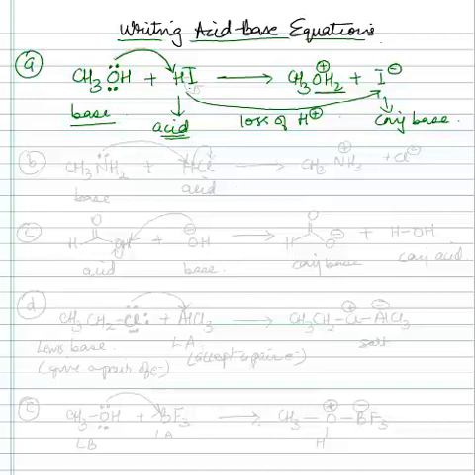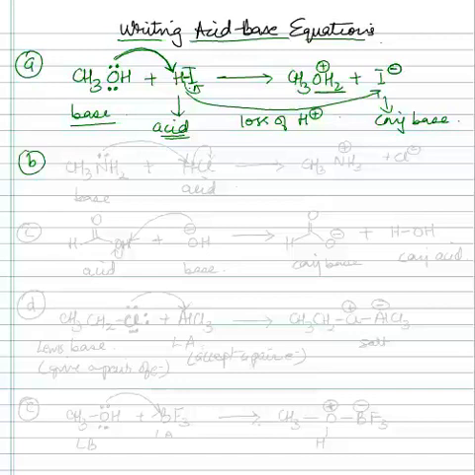So your first arrow is drawn to pick up the hydrogen from here. The second arrow is from this bond going to iodine, because now these electrons are being transferred to the iodine, and that is how you end up getting the I minus. So those are your arrows for the first one.